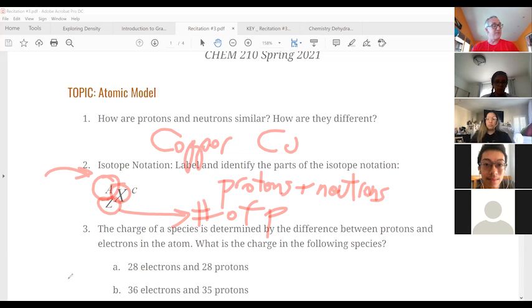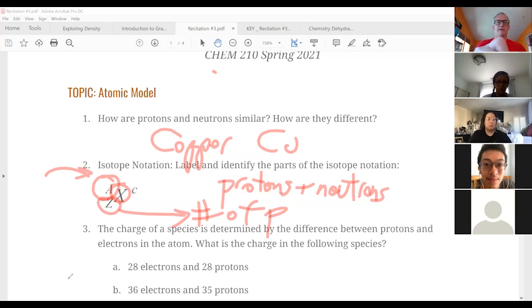Most of the elements in the periodic table were only discovered in the late 19th century, once we realized what atoms were. Then this explosion of elements were discovered. But before that, a whole bunch of elements had been known for thousands of years, and copper was one of them.